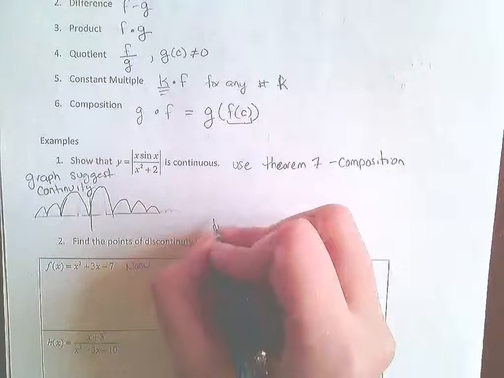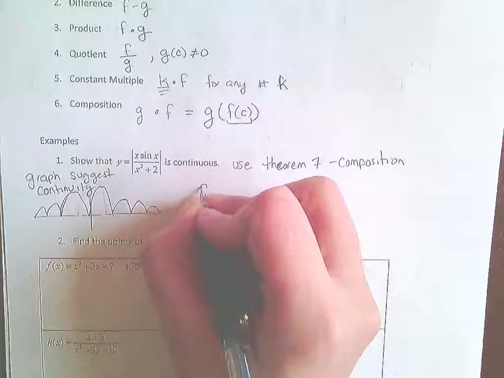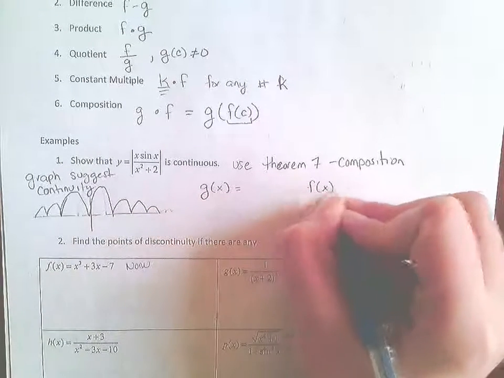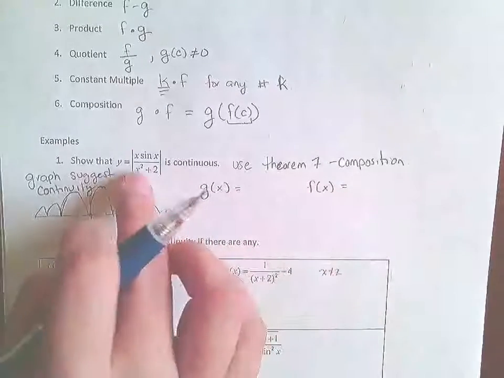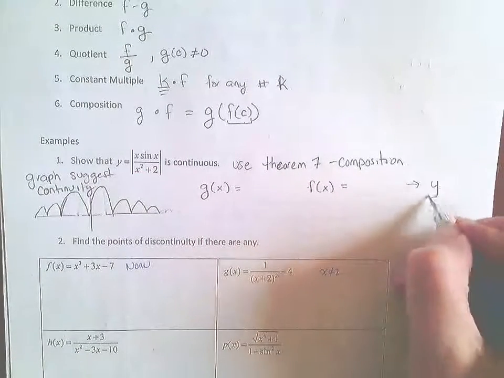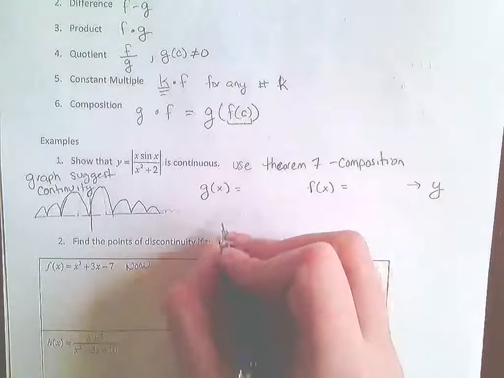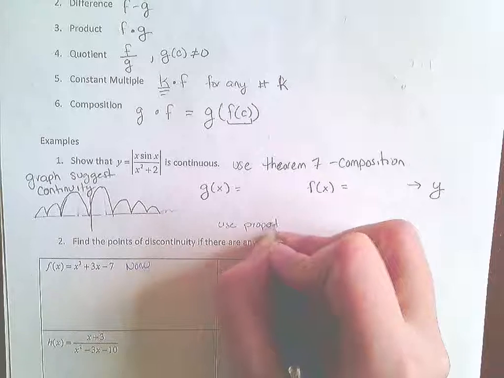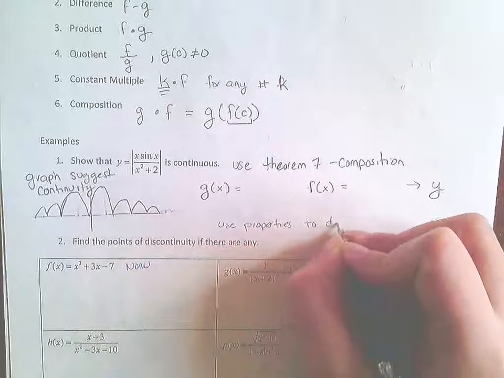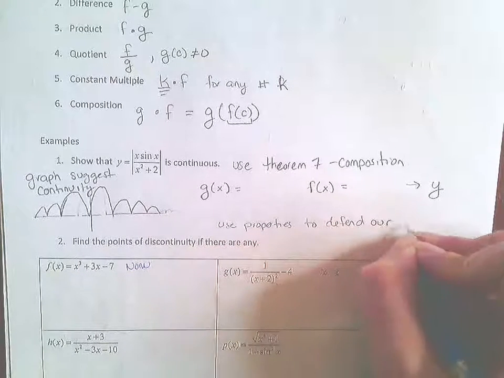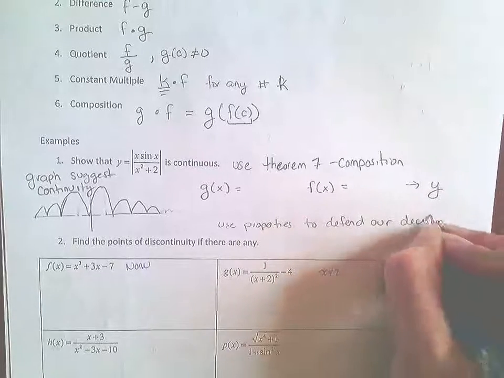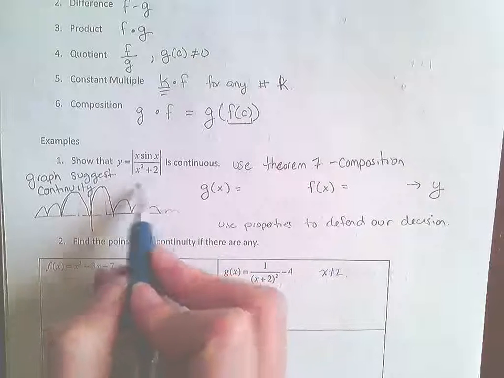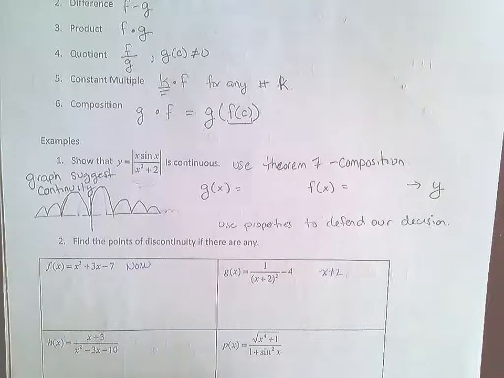And from there, after we figure out what g of x and f of x could be so that these two could be the same as y, then we're going to use the properties to defend our decision. I want to do this together in class, so I'm going to leave it just like this. If you do want to look in the textbook, this problem is directly from the textbook. It is one of the examples.